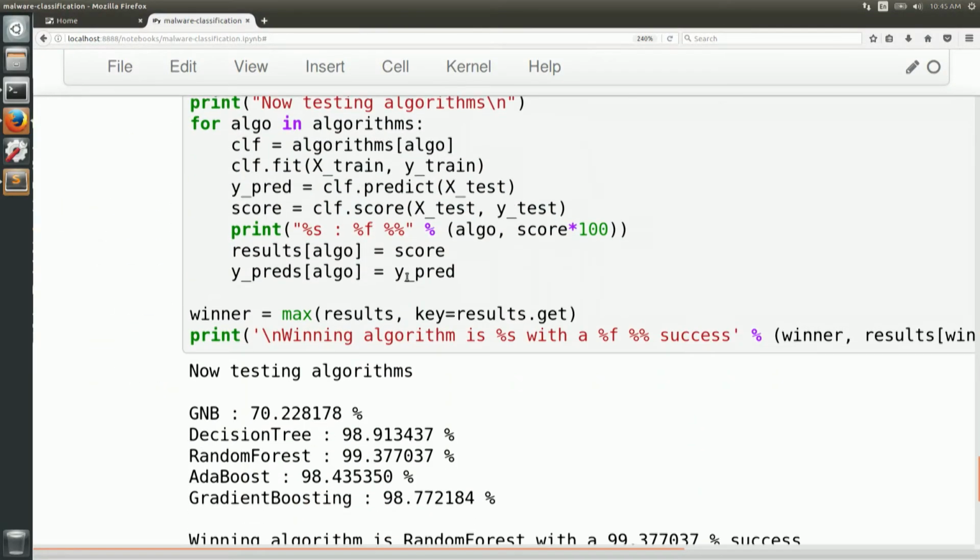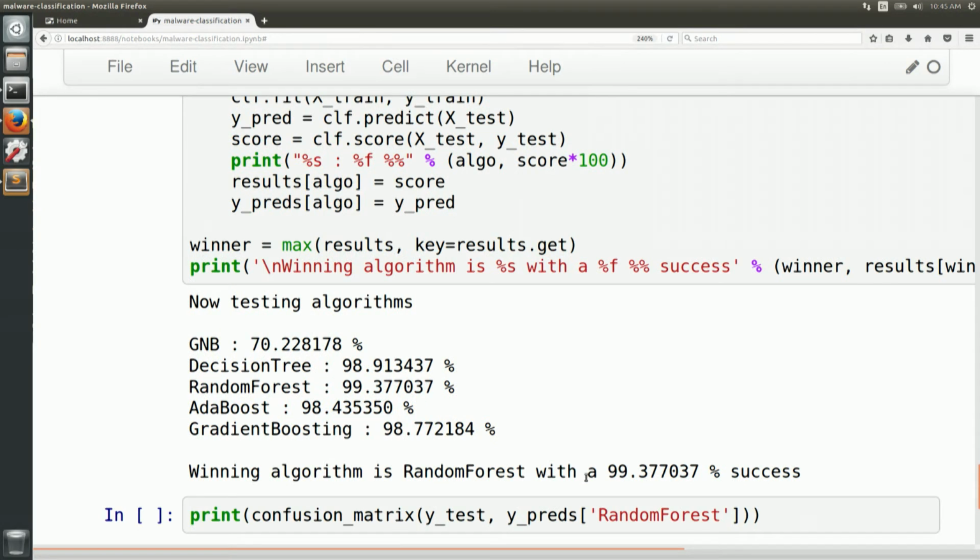So this is a pretty good way to test algorithms out. You just define all the algorithms here in a dictionary, and then you loop through the dictionary, and it can tell you which one is the winning algorithm. So the winning algorithm is random forest with a 99.4% success rate.